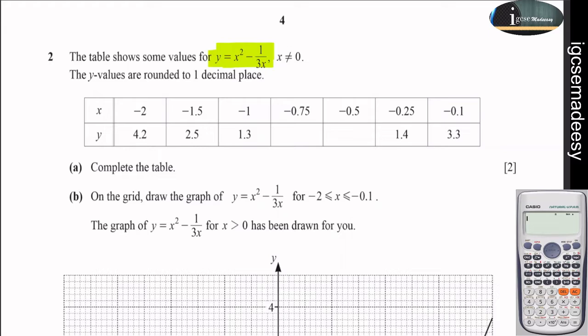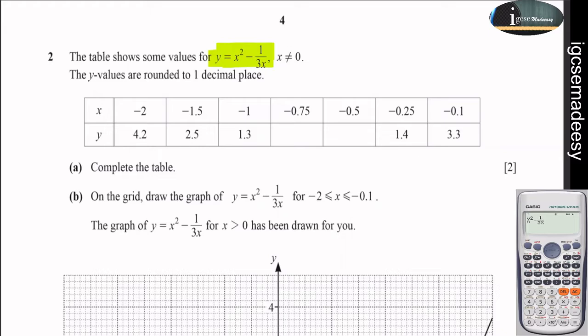So how can I type this? We can write x: press alpha, and then there is x there, press x, and we will square it, and then press minus, a b/c, 1 by 3, alpha x.